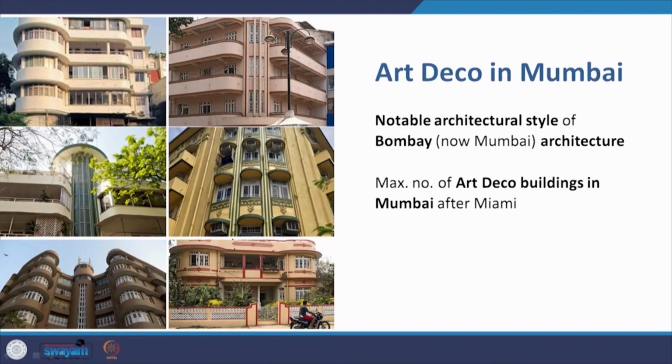This is the great advantage when we study modern Indian architecture. There is so much to see that the picture, as we keep on reading and studying it, keeps on getting more and more complete in front of us. The pieces of the jigsaw keep fitting together to give us a more holistic picture. Then we talked about Art Deco in Mumbai, notably the architectural style of Bombay architecture, having the maximum number of Art Deco buildings in the world after Miami.